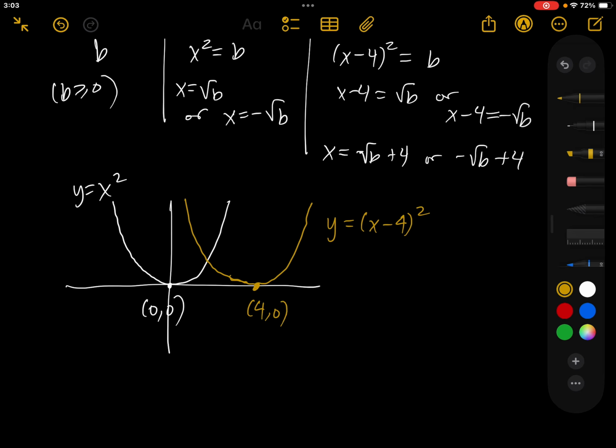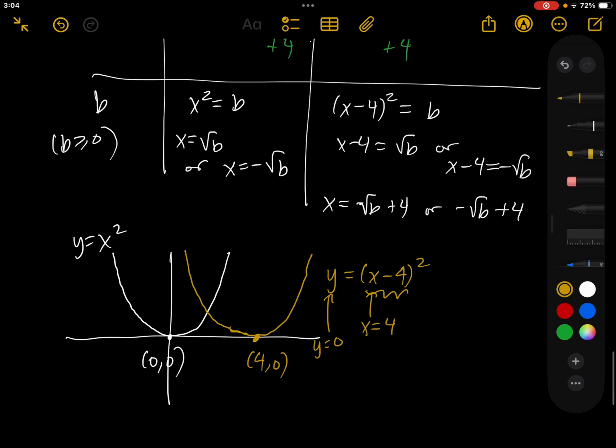And notice that you need to plug in x equals 4 in order to get y equals 0, because you have to think about what is going to make x minus 4 equal to 0. And that's when x is 4.